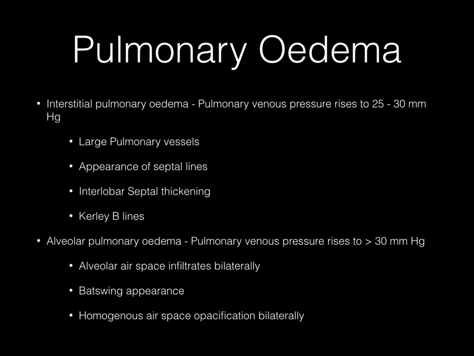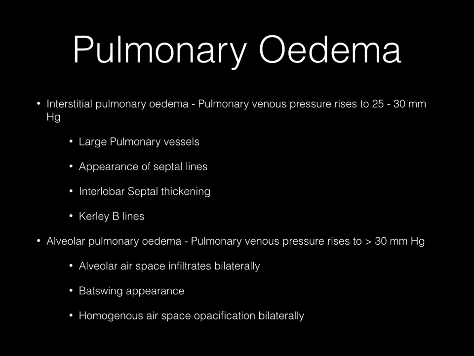There's always a bat wing appearance associated with it, which means these infiltrates are more in the perihilar region and get less dense as they go peripherally, presenting like a bat wing appearance. And as the amount of fluid within the lung spaces becomes more in volume, there could be a homogeneous airspace opacification bilaterally.